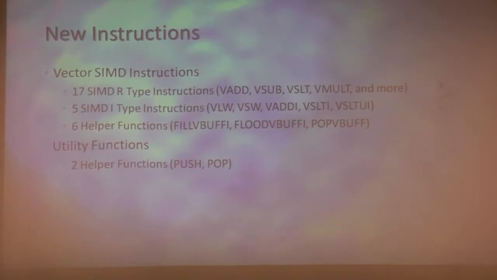They're much like the R-type. There's vector add, vector subtract, vector multiply, set less than, and then there is SIMD I-type: load word, store word, add immediate, set less than, and set less than unsigned immediate. And then there's helper functions which let us communicate from the REU between the IDP and the SIMD unit. And then we've also added 2 more instructions, push and pop, and it helps us simulate a stack structure for programmers. Makes it easier to program.